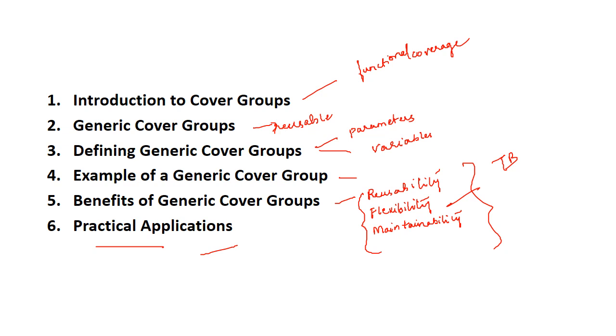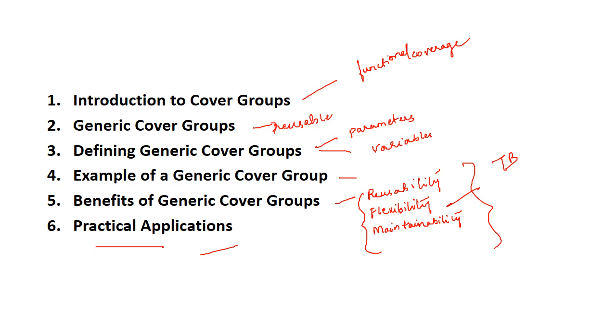Before going to the example, I want to tell you about the benefits of generic cover groups and their practical applications. As I already told you, it is of a reusable type. So reusability is one of its major benefits, along with flexibility as well as maintainability. These three are the major benefits you can see in generic cover groups.